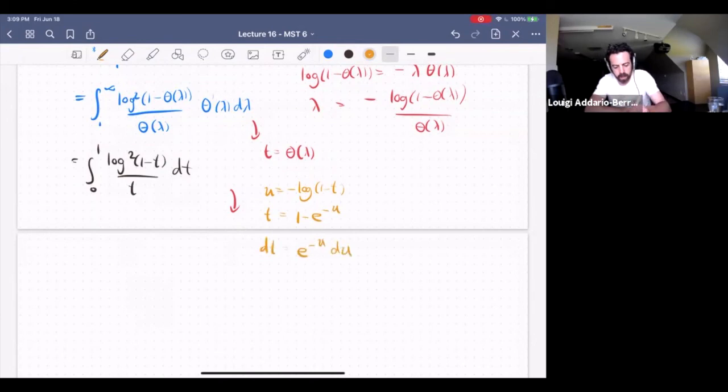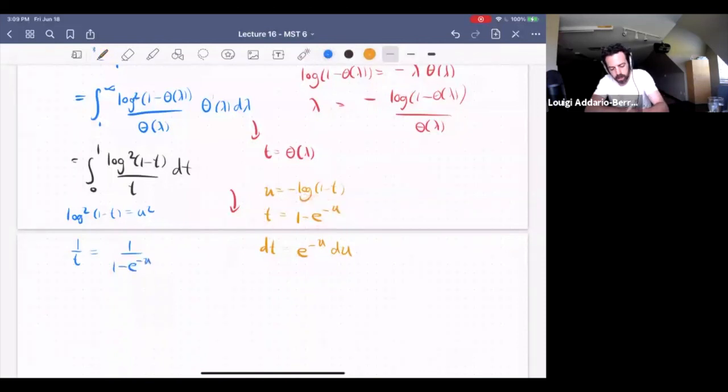Okay, and what are the terms in the integral here? So log squared (1 minus t) is u squared, and 1 over t is 1 on 1 minus e to the minus u, right?